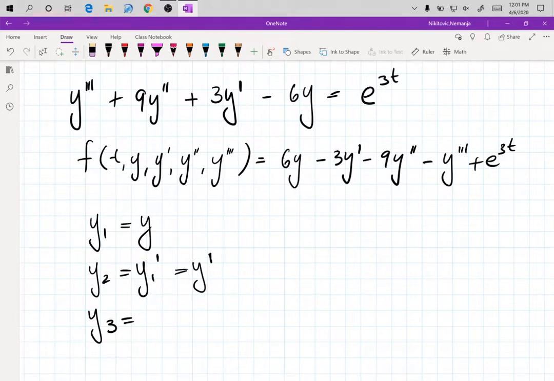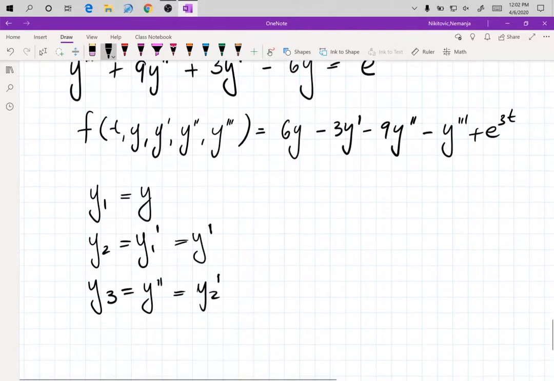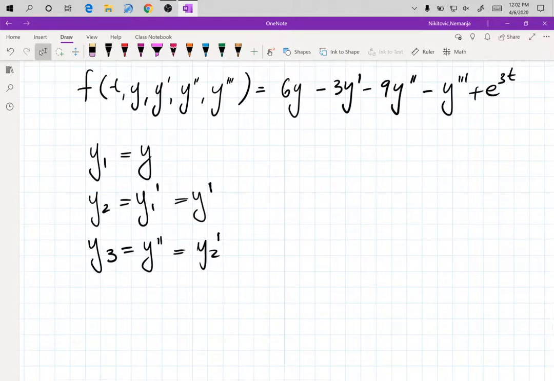So y3 is going to be y double prime, and that's going to be our y2 prime. Good. All right, so now we have our system. I'm going to call these ones substitutions.